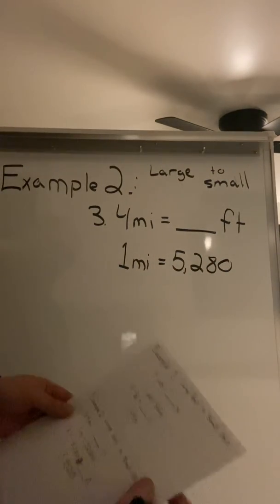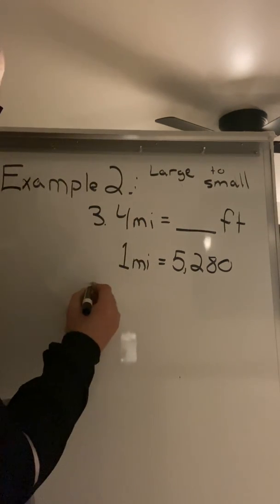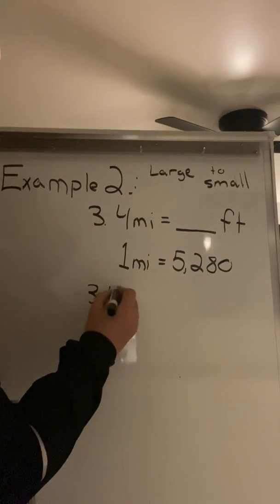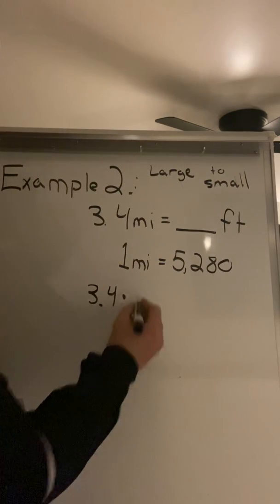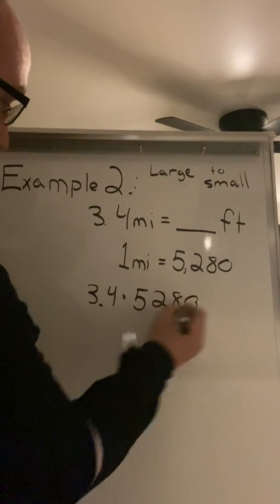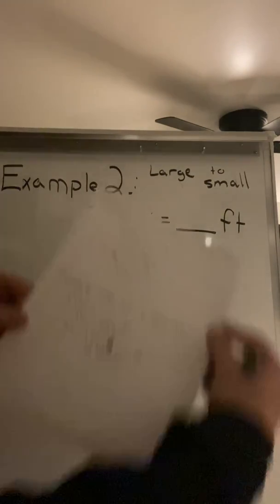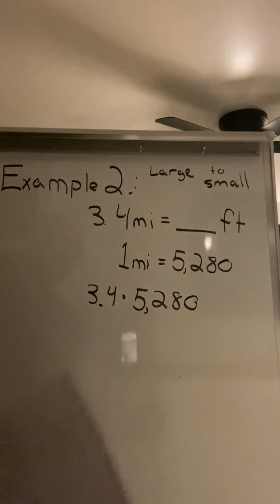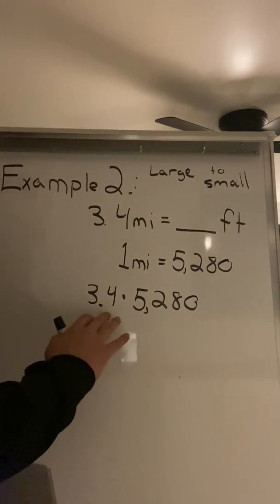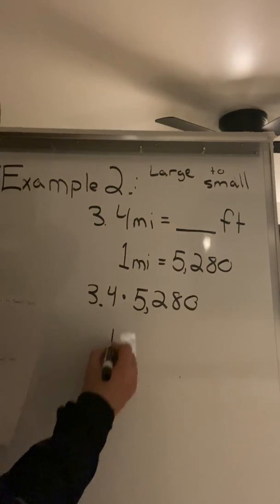So what that means I have to do then is take my 3.4 miles, 3 4/10 miles, times 5,280. So if you guys want to do that work, go ahead. I've already solved everything for us.